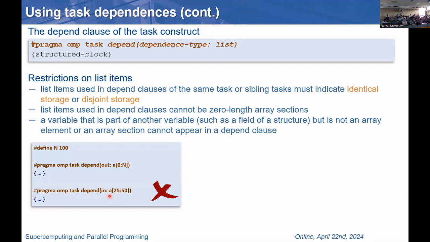You are moving the starting point and you are moving the size. Okay, and this is not allowed. You should have this in A from 0 to n. Or you can actually do two tasks here, from 0 to 50 and from 50 to 100, and then here use the same thing, 0 to 50 and 50 to 100. Okay, but you should keep the same partitioning across the use of the dependencies.